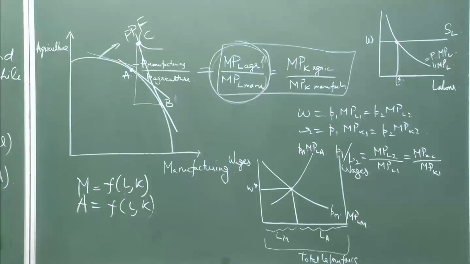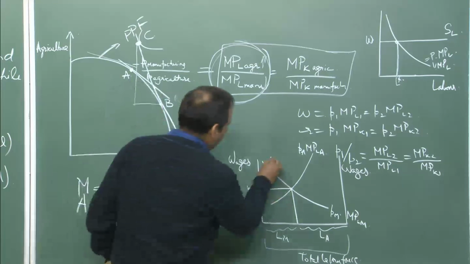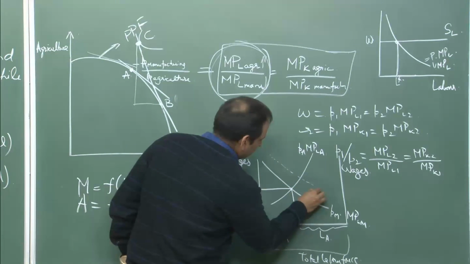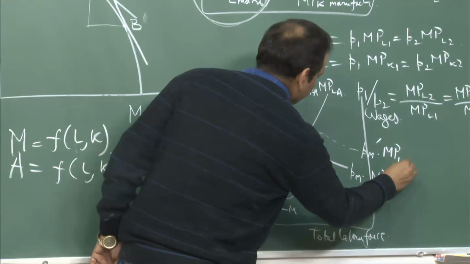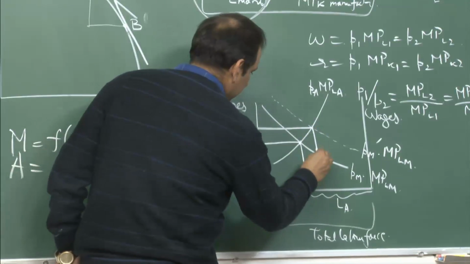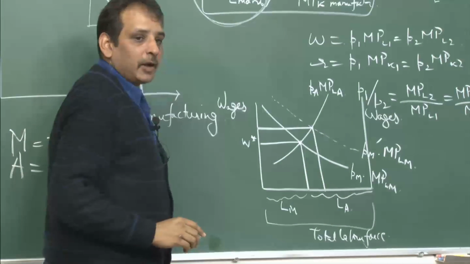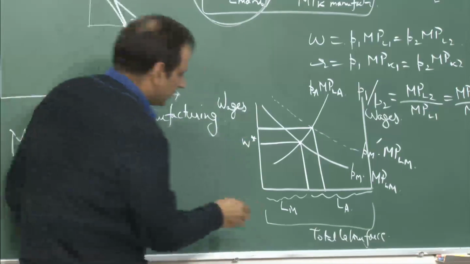The price of manufacturing goes up. So if the price of manufacturing goes up, the labor shifts from agriculture to the manufacturing sector.